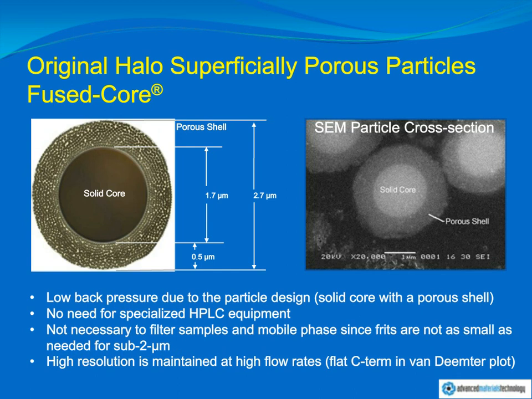The implication of this particle morphology is also that as you go to increasingly high linear velocity, that is flow rate, high resolution is maintained, and the performance advantage is maintained as analysis speed is increased.